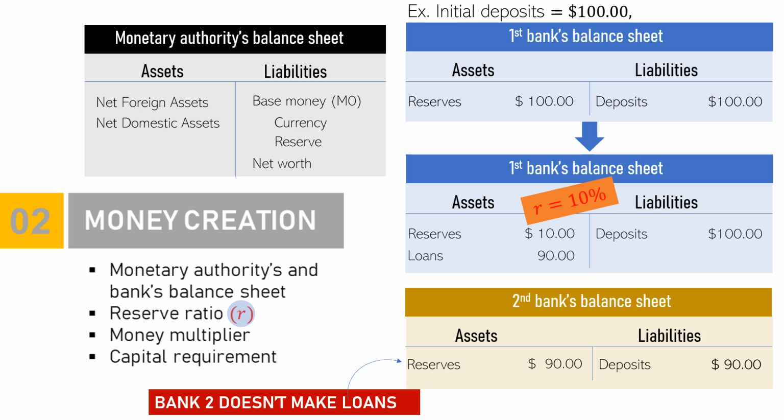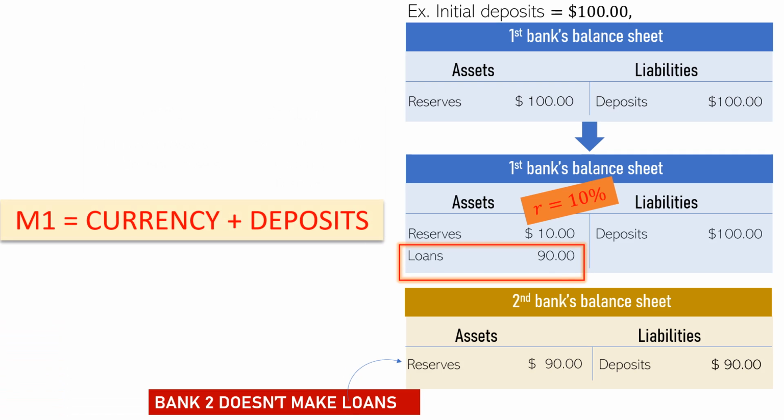What can we observe from here? You may notice that in this case just one loan is made, but you know what? Even with one new loan, the money supply already increases. Remember, M1 is currency plus deposits. With no currency, the money supply is just the total amount of deposits. How much is the money supply, or total deposit? Before the loan is made, it is $100, the amount of deposit in the first bank account.